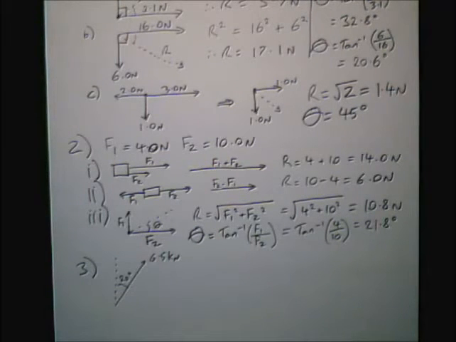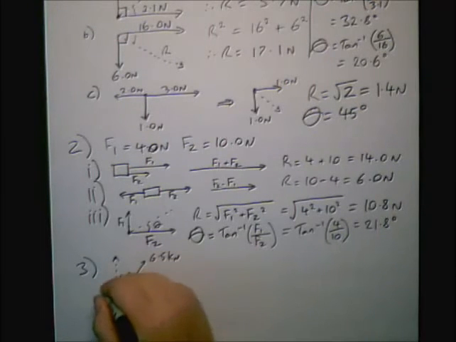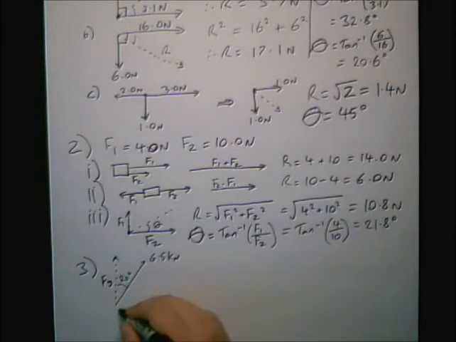So all we need to do is calculate this force here, the component in the y direction, Fy, and this force here, which is the component in the x direction, Fx. So, firstly, Fy, we are going to need to use trigonometry to work this out.